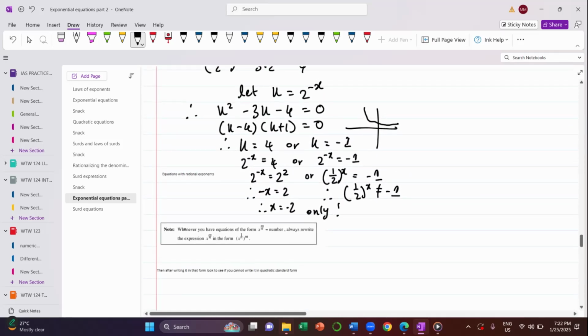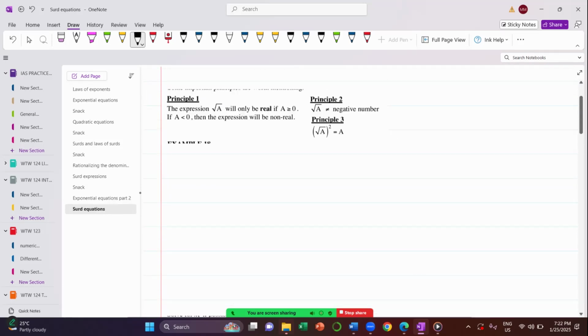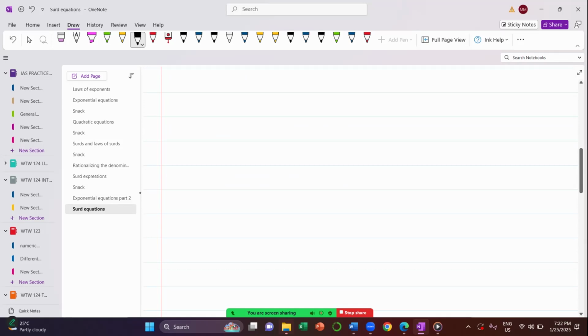So now we are moving on to the third concept of the day, which is the last concept under exponential equations, so that we can move on to the third equations. The third equation is not going to be a lot. It just has a few problems.